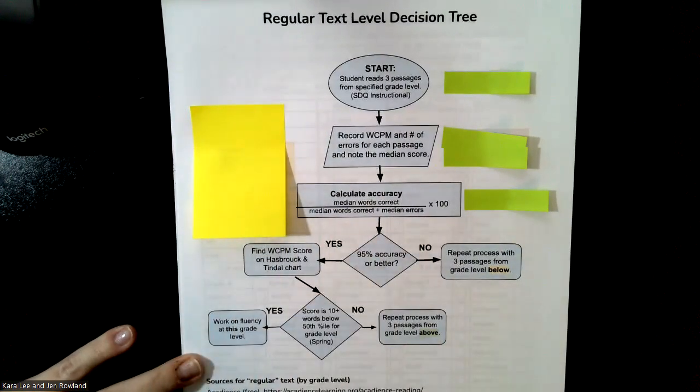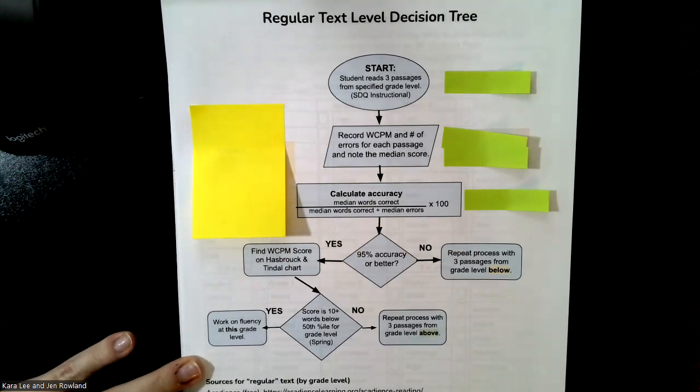We also don't want to spend a lot of time, even though the passages are only 1 minute long, giving 3 passages from a certain grade and being completely off the mark, and then giving 3 passages from a different grade level that is still off the mark, and then 3 more.